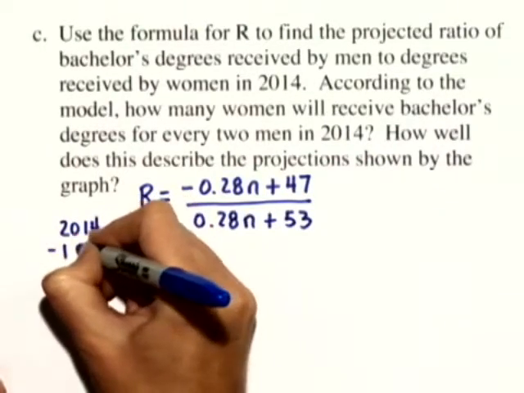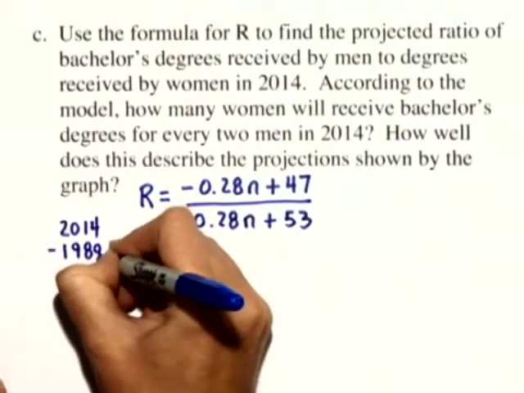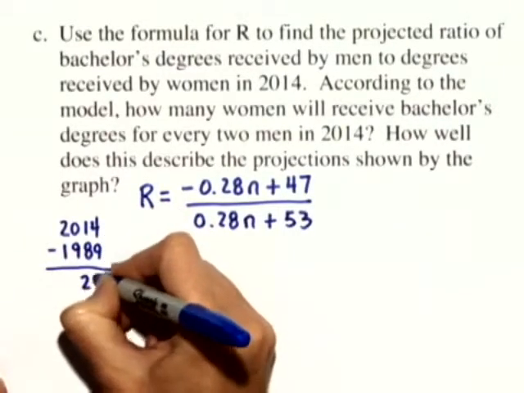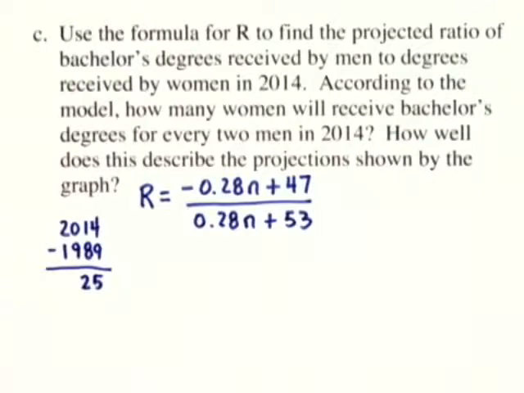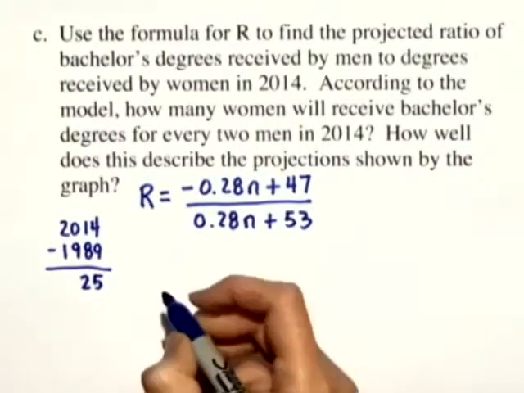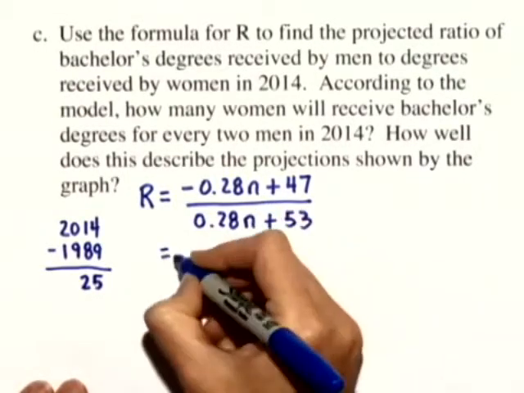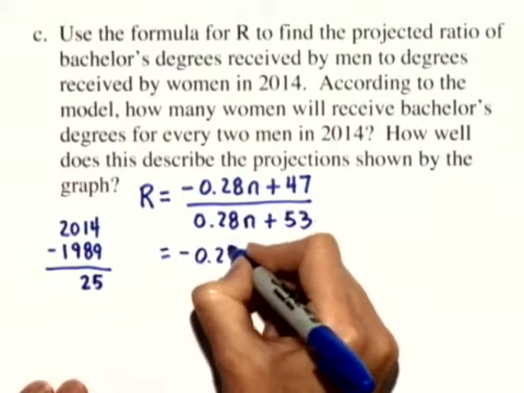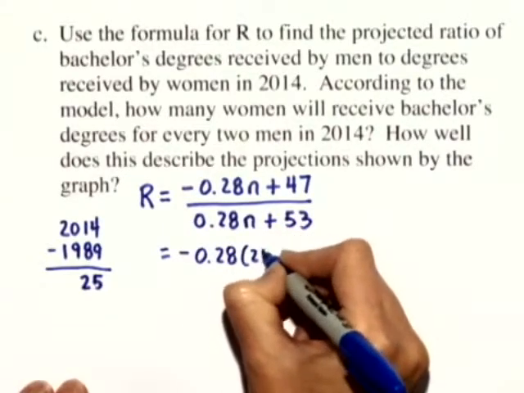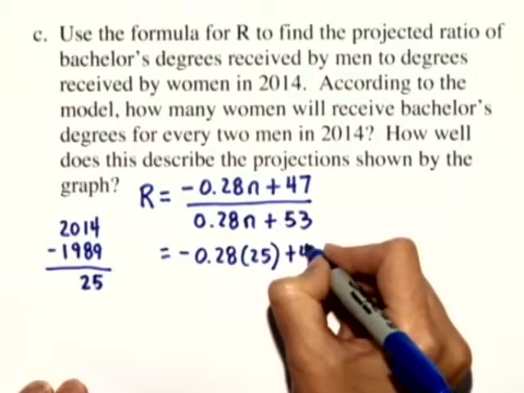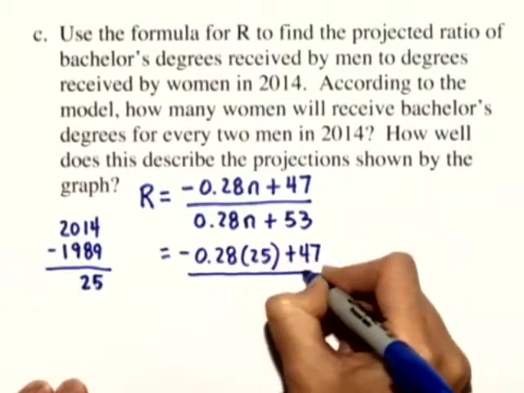If we subtract 1989 from that, we'll get a total of 25 years later. So in this case, n is equal to 25. So we'll substitute in 25 for n. And we'll calculate this ratio.